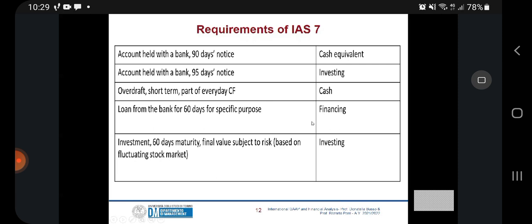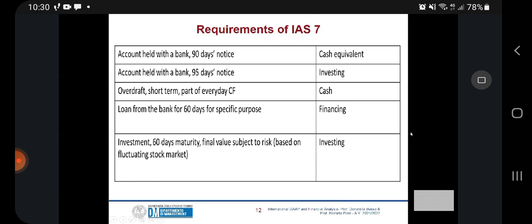So every time you have loans or debts, even for short periods, like 60 days, that will be part of financing activities. The same thing with investments. If you are investing in trading securities, buying stock in the market, even if it is a fluctuating market with many changes in the stock price or share price, this investment is going to be part of investing activity and not a cash account.